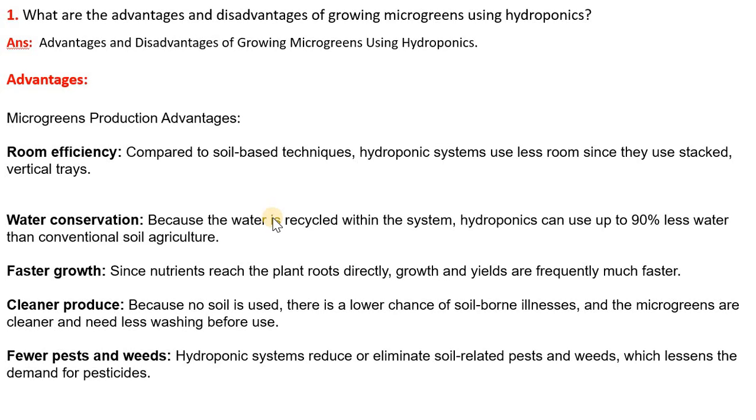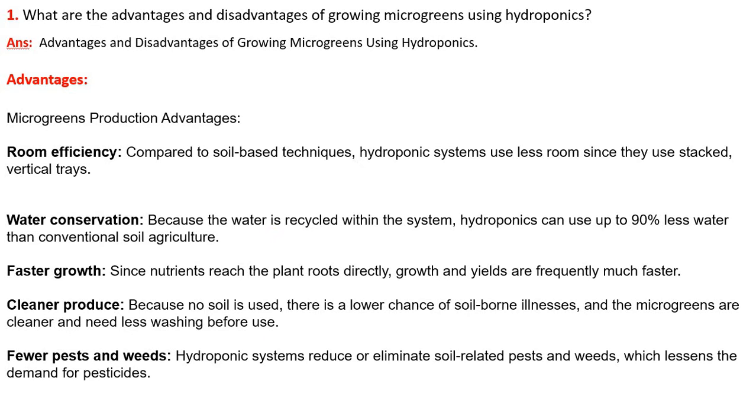Advantages: microgreens production advantages. Room efficiency: compared to soil-based techniques, hydroponic systems use less room since they use stacked vertical trays. Water conservation: because the water is recycled within the system, hydroponics can use up to 90% less water than conventional soil agriculture.